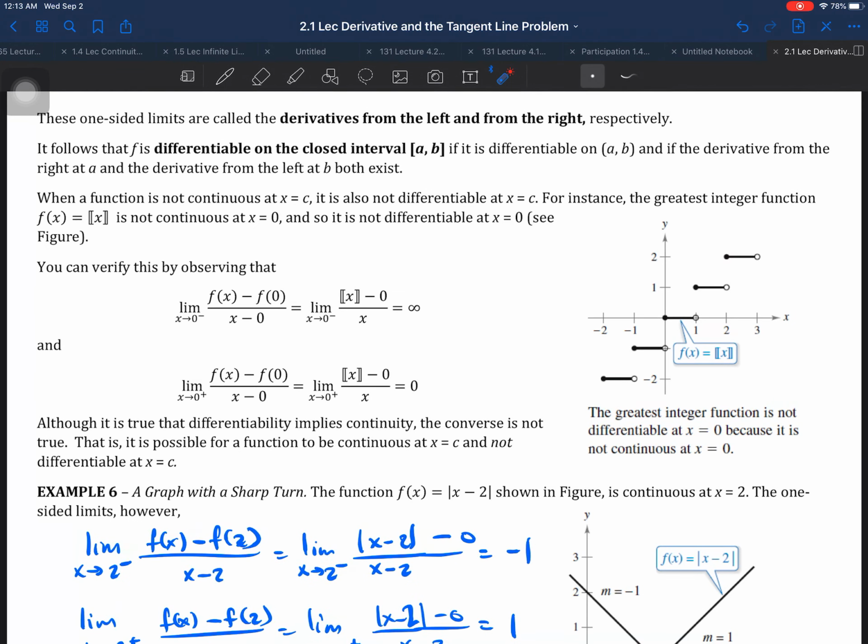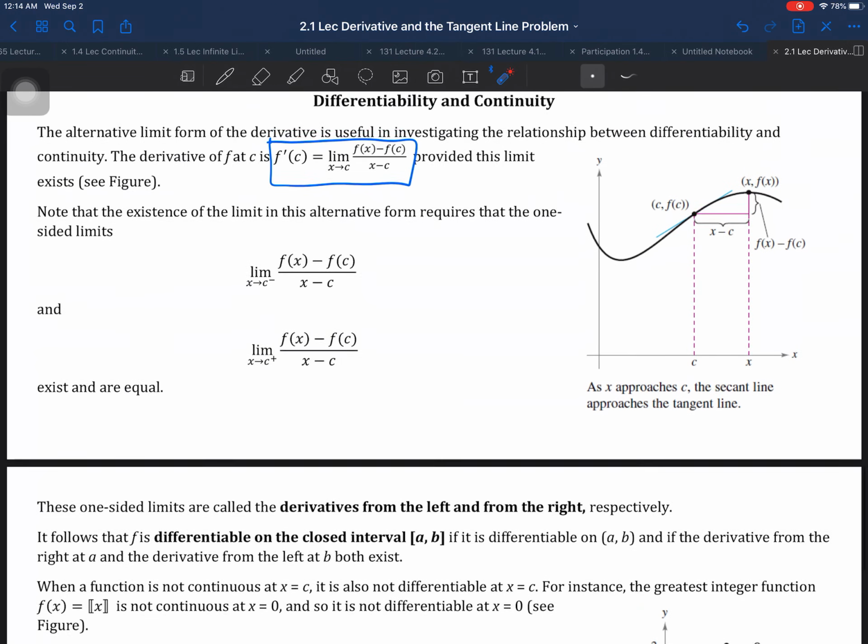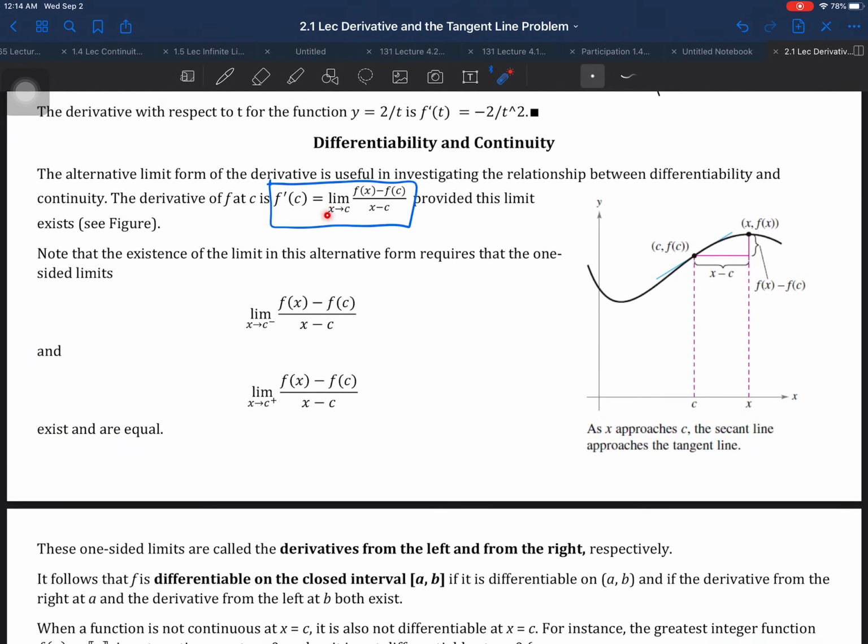Okay, so we're going to show that this is not differentiable at x equals 0. And the reason why this is not differentiable at x equals 0 is because the limit does not exist. In order for you to be differentiable at x equals 0, the limit of the derivative must exist, so these two need to be the same.